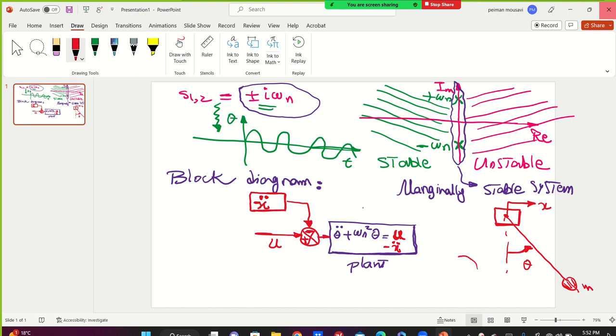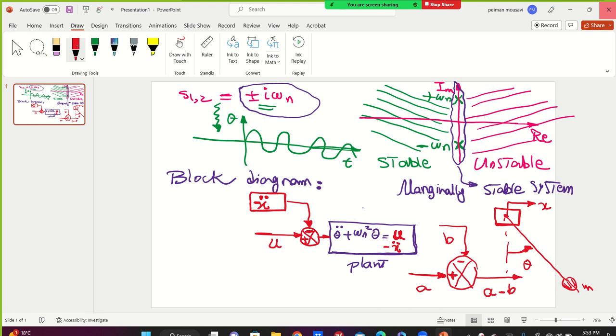This is the sum operator. In Simulink in MATLAB we have it. Plus, minus. If a signal A comes here and another signal B comes here, the output is A minus B. Exactly, you see here, that's right.